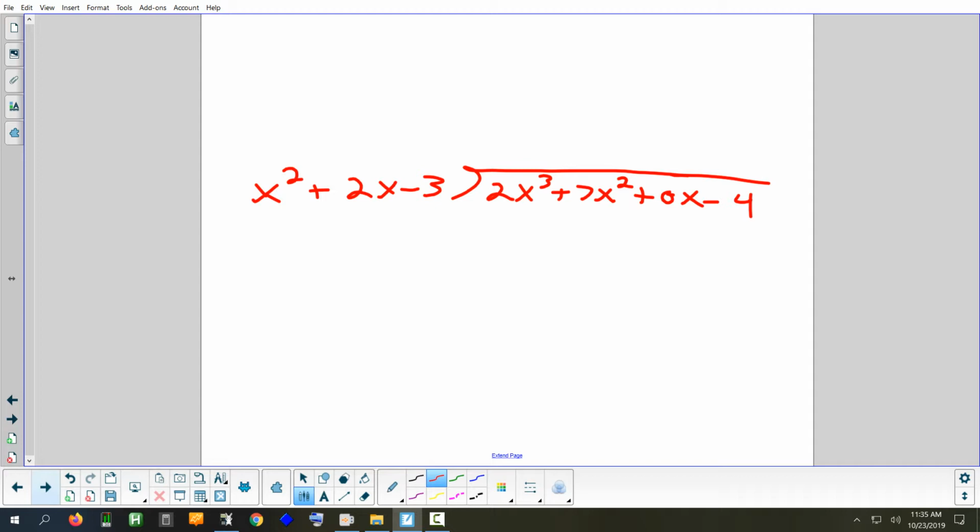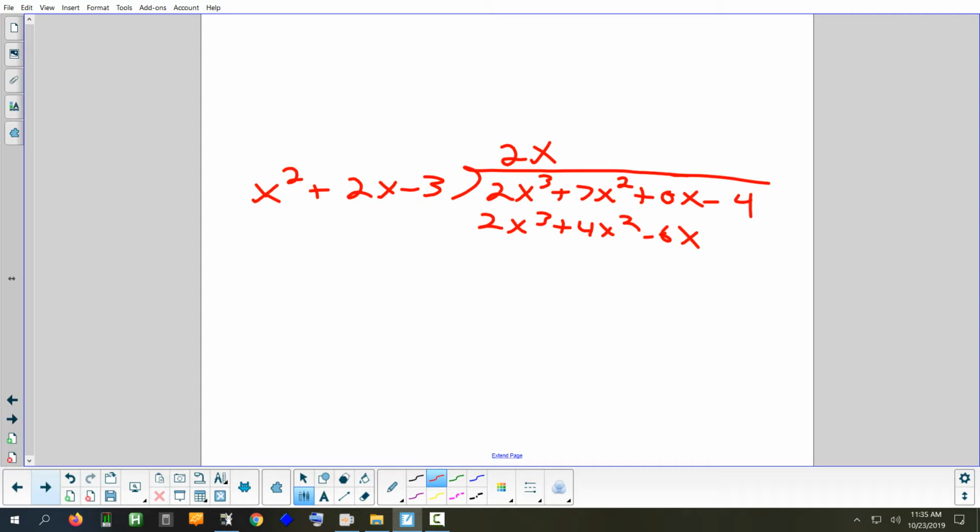Okay. What's 2x cubed divided by x squared? 2x. So we already have the mx in our mx plus b. Multiply it back out. We're going to get 2x cubed. 2x times 2x, 4x squared. And 2x times negative 3, 6x.